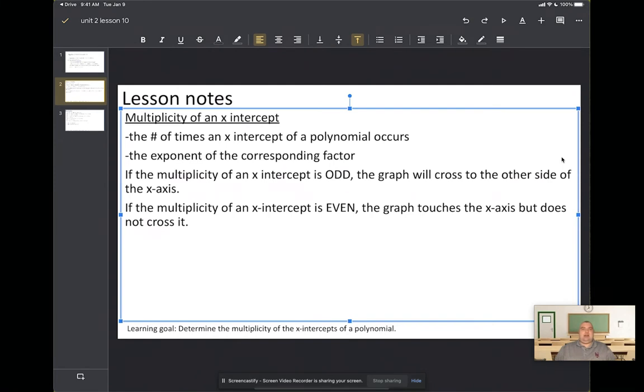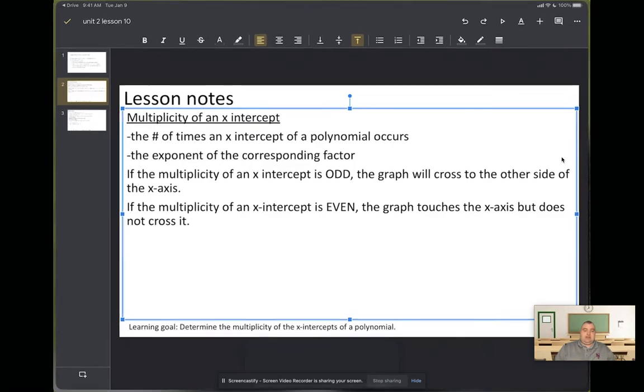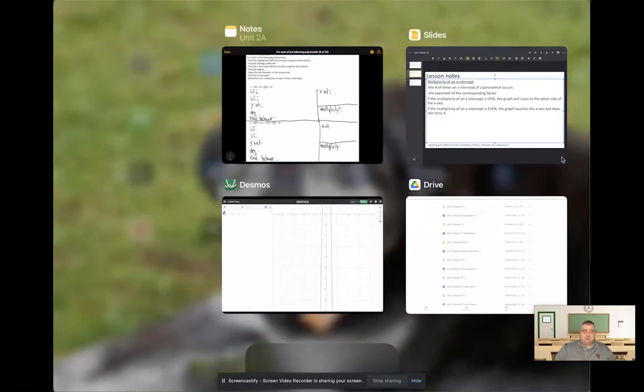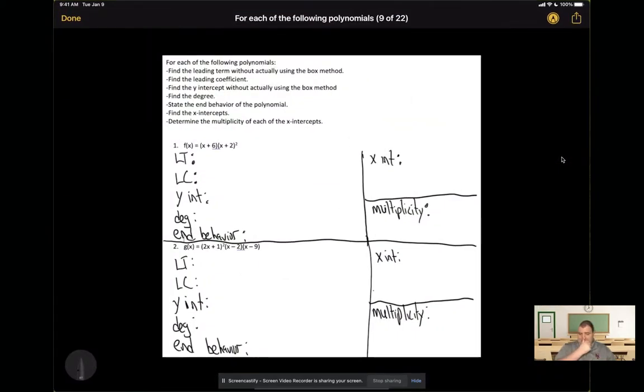So if it's an odd multiplicity, it will not only touch the x-axis, it will cross over to the other side. If it's an even multiplicity, it will touch the x-axis but stay on the same side overall that it was at. So with that in mind, let's go ahead and take a look at the examples for today.